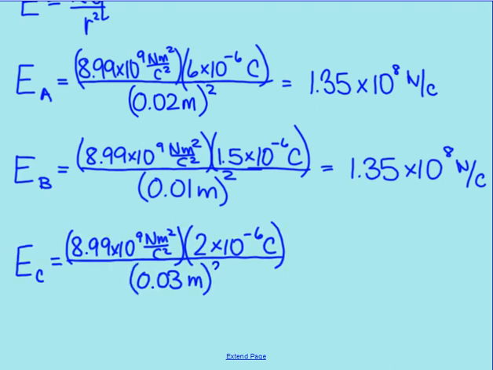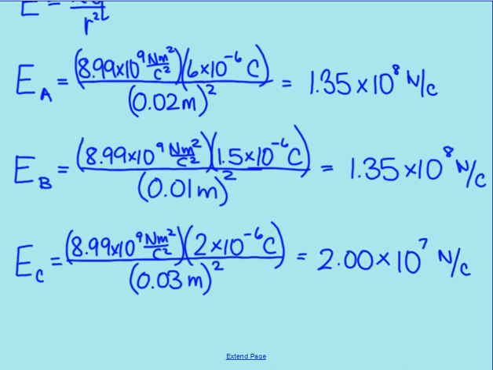Similar to the electric force equation, the charge in this electric field equation is an absolute value. So I do not use negative signs when I'm plugging that charge in. This time I get 2 times 10 to the 7th newtons per coulomb.